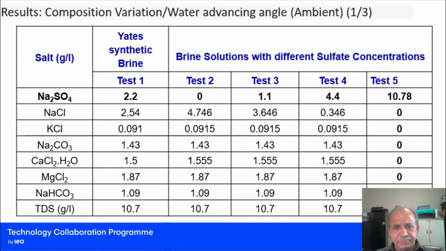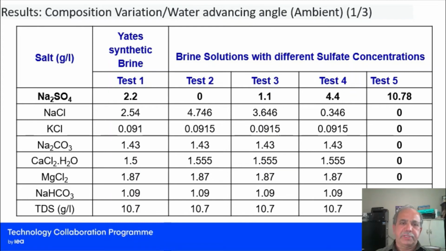And we also did the composition variation, and what we did was, Yates synthetic brine composition is here, and the total dissolved solids was kept constant throughout, 10.7 grams per liter, but we varied this. There was no sodium sulfate. We wanted to try the sulfate concentration effects here, and we added some sulfate in test 1. Test 2 did not. Test 2 was just the same original brine here.